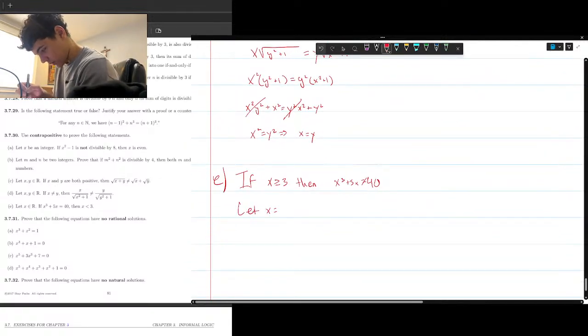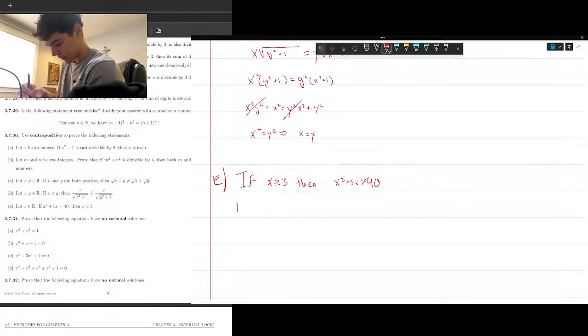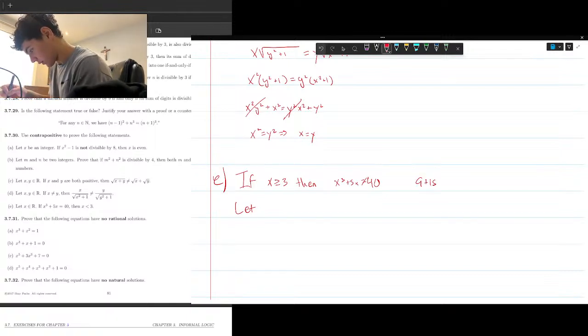Let x equal 3. Because if we show x equal to 3 is not true, this value is not going to be true. 3 cubed plus 15 would be 27 plus 15, which is definitely not 40.